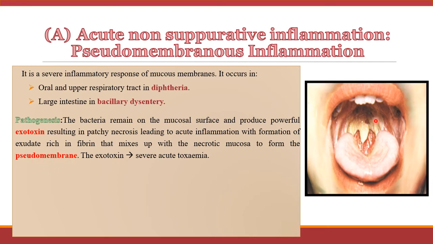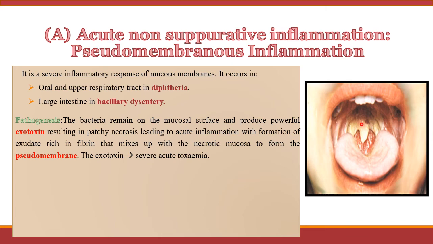And we can see here a good example of diphtheria of the oral cavity and the pharynx, oropharynx. We can see something dirty yellowish over the wall of the oropharynx. This is the pseudomembrane. Actually, it can be detached from the underlying surface.